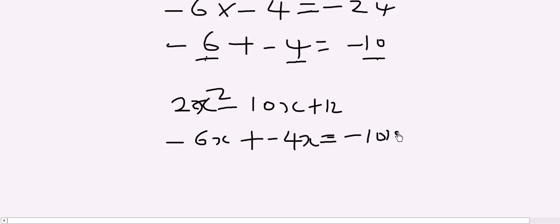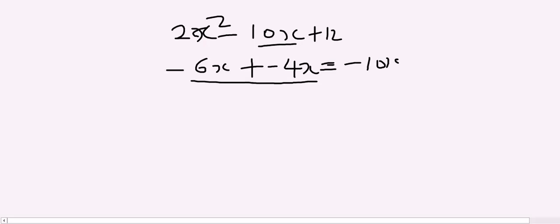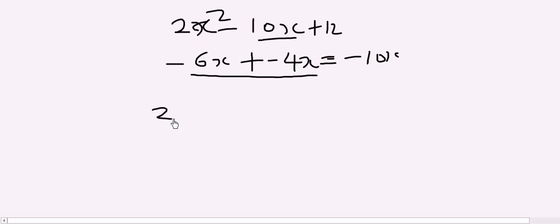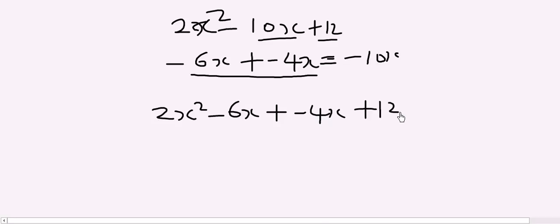So we can replace minus 10x by minus 6x plus minus 4x, so that our expression becomes 2x squared minus 6x plus minus 4x, then we still have plus 12 there.